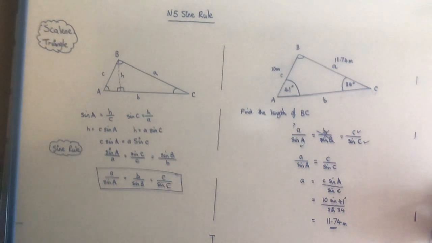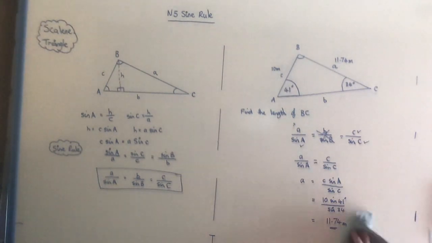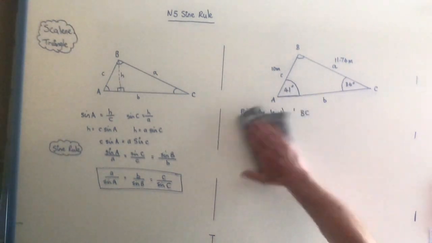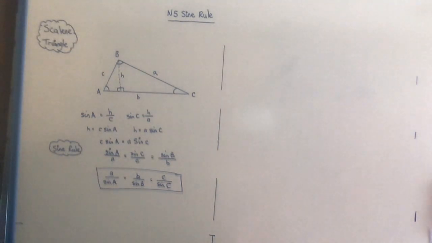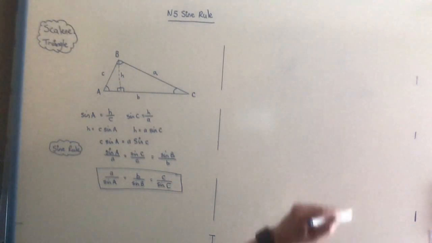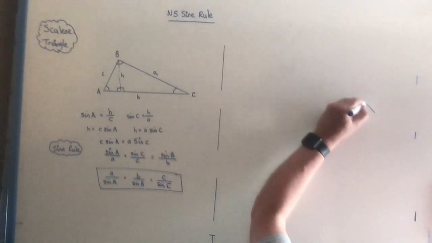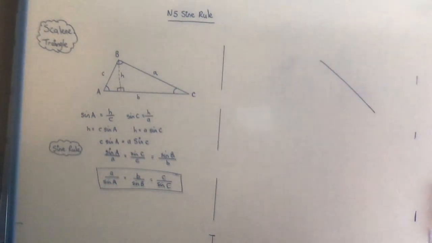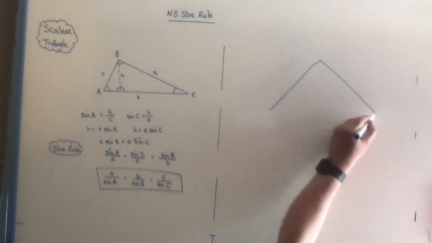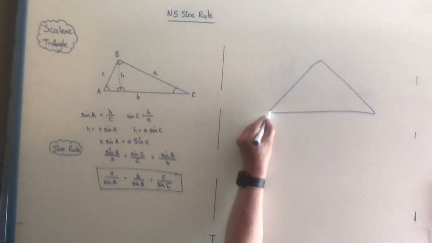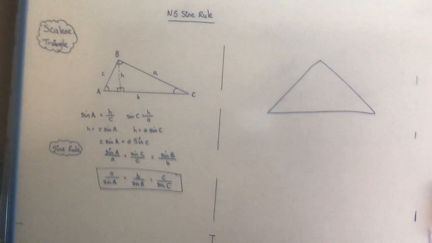So I'm just going to rub this out and set up another triangle. This time I'll just do it roughly, save a wee bit of time. Something like that. Let's put some values in.